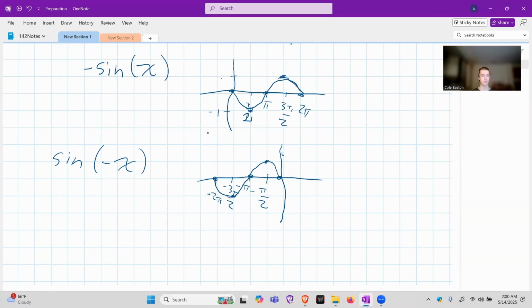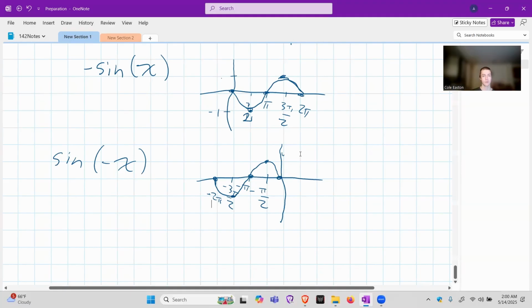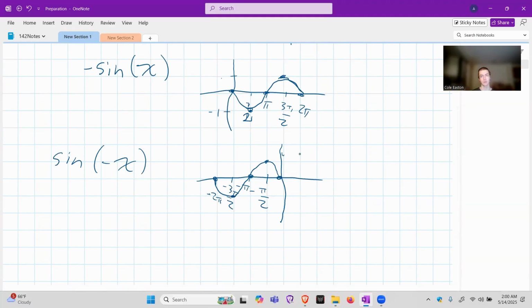And so you can reason that what's going on here is the graph is reflecting about the x-axis. Of course, both of these graphs extend infinitely, so both of these graphs look like this. And they look identical in this particular case because it's the sine function, and I'm going to talk about that in 1 second too.